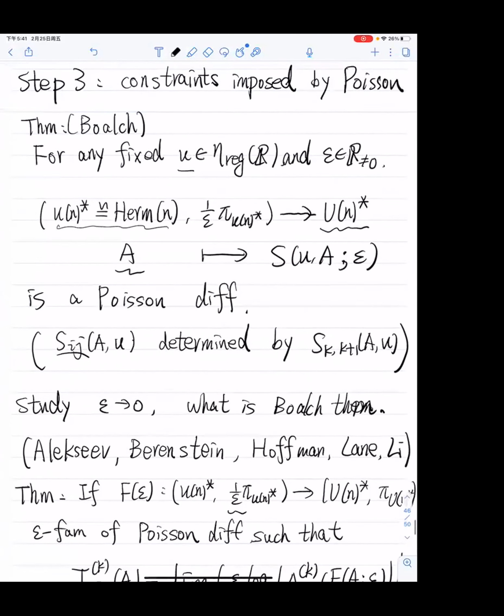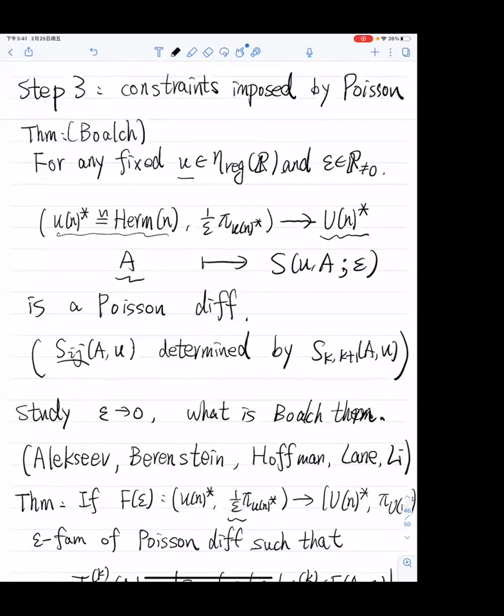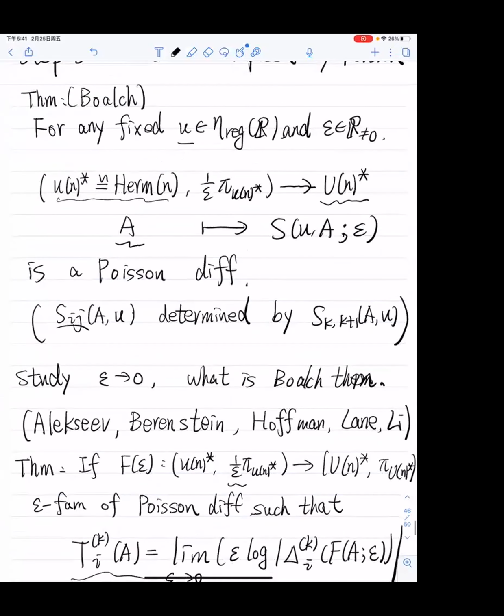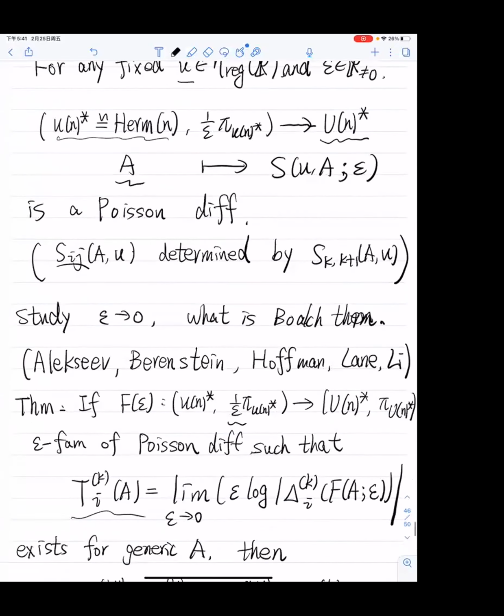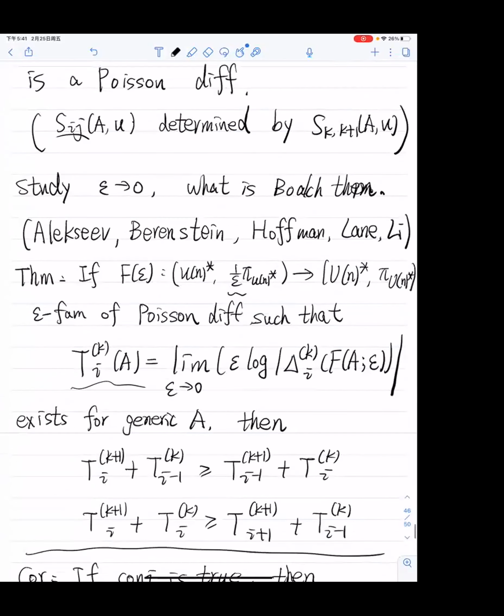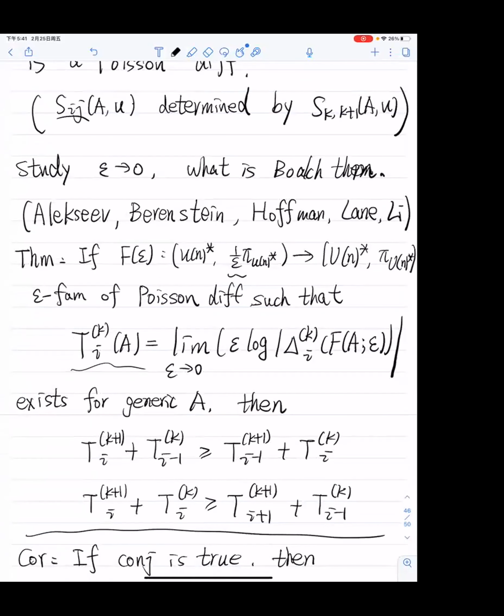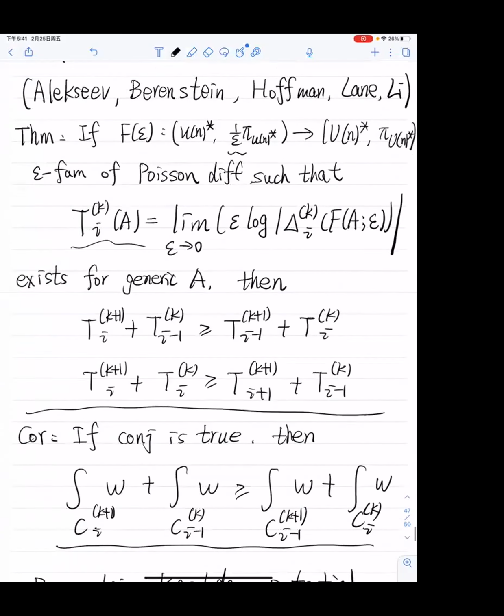The Poisson geometric side, like Boalch's result, extends to arbitrary reductive groups, even for the higher order case. And Arkady and Anton and the collaborators' work also works for arbitrary types. But the analysis side is not worked out yet. Well, let's hope it will.